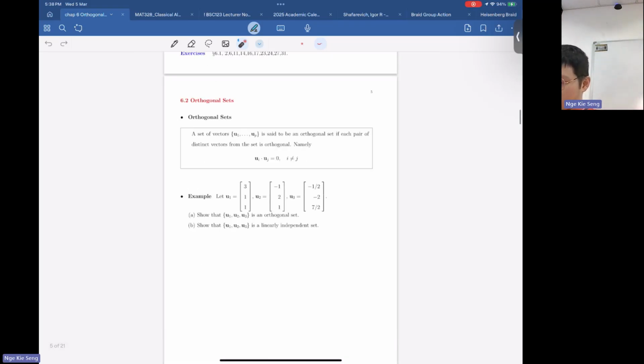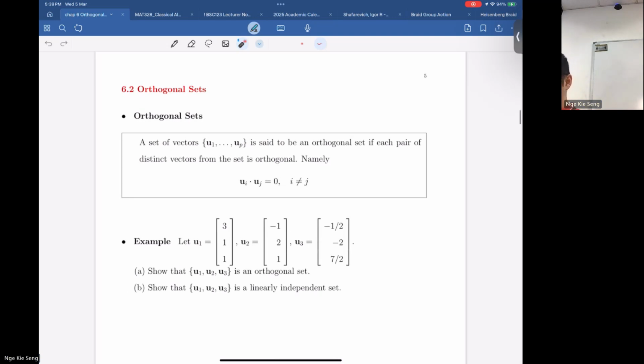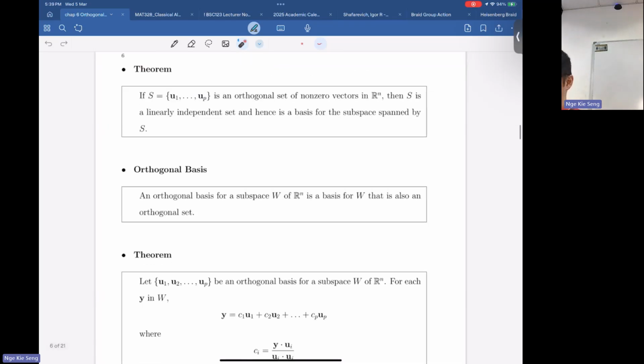Next, I will tell you what is an orthogonal set. An orthogonal set means every vector inside that set should be 90-degree to each other. Although we put here the dot product is 0, it's actually 90-degree to each other. Then we will form something called an orthogonal basis. We know basis, right?